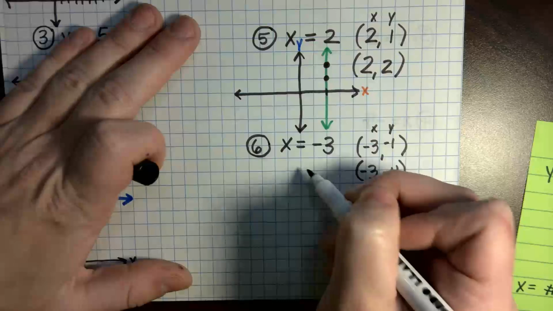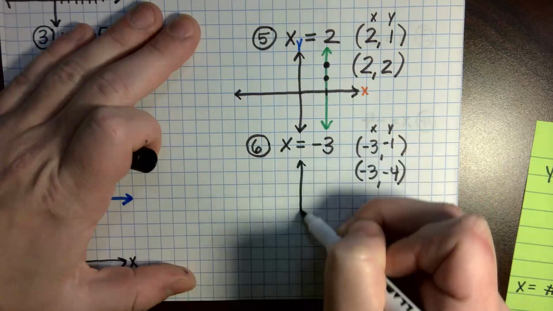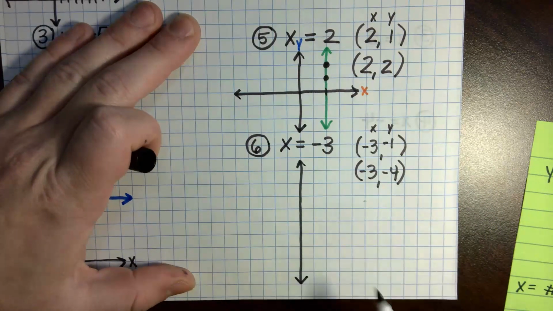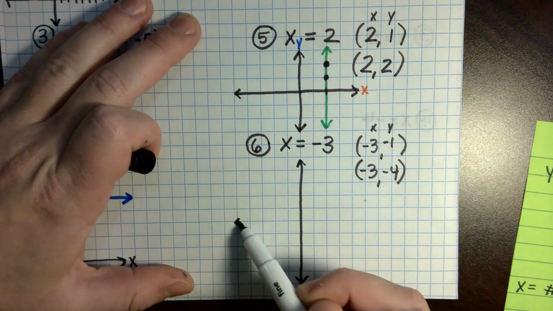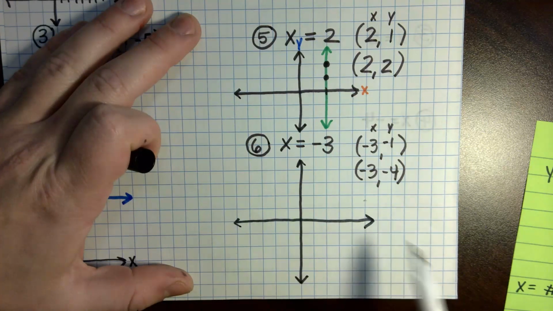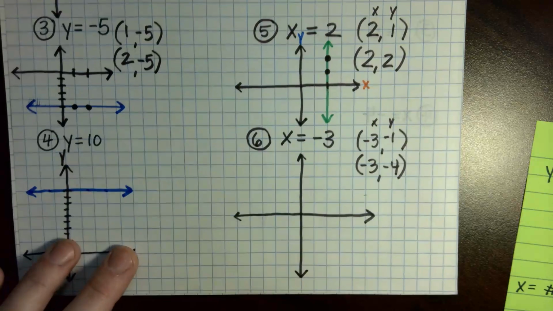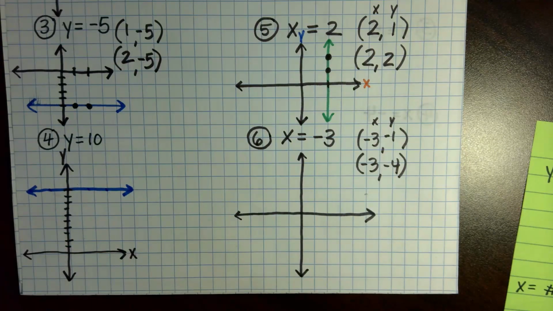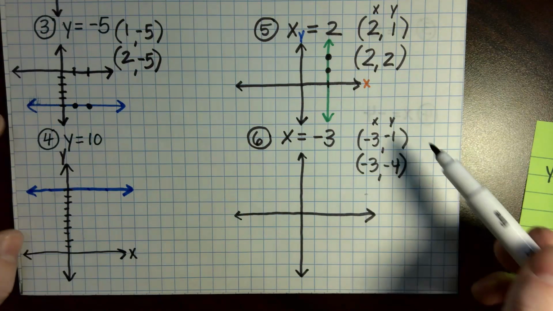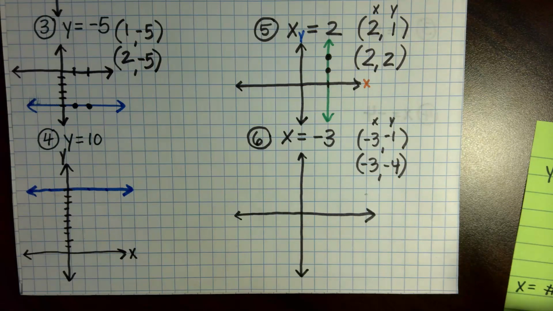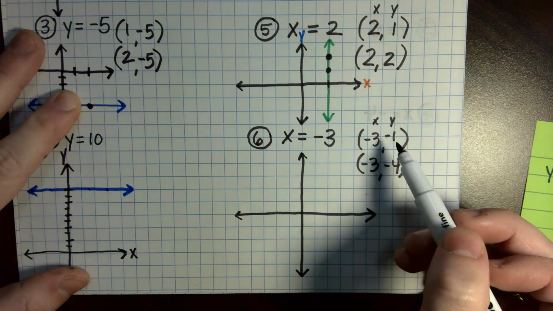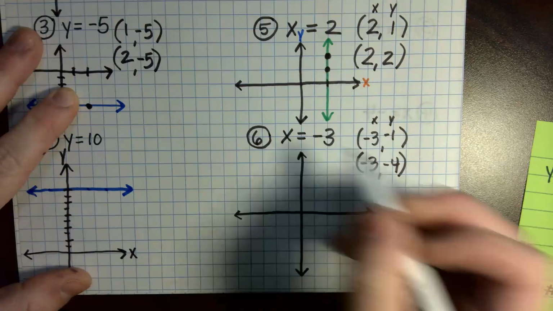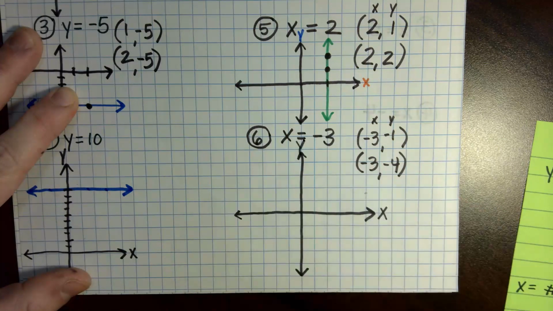Okay, let's draw a graph. And I want to make sure I have enough negative numbers. So that should be good. Okay, so let's go ahead and plot our first point. We have -3, -1. So, again, I'm going to label these.